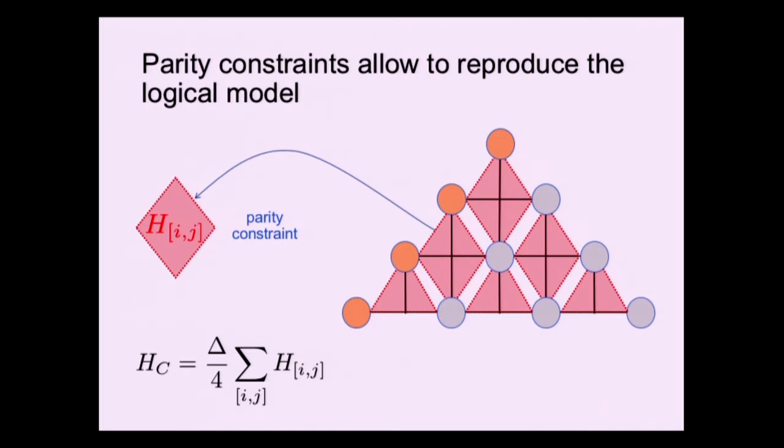What Lechner, Hauke, and Zoller were able to show is that if we enforce parity constraints among closed loops of qubits, the ones you see with the red squares, then we can reconstruct the dynamics. So our constraint H_C is a sum of parity constraints, and the delta term gives us how strong the constraint is. This is an important parameter of our model.